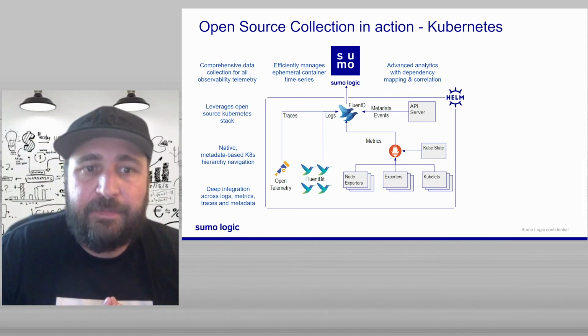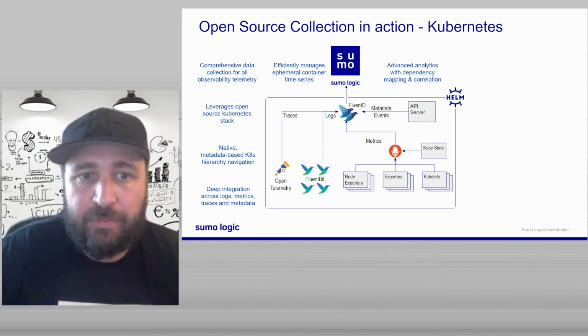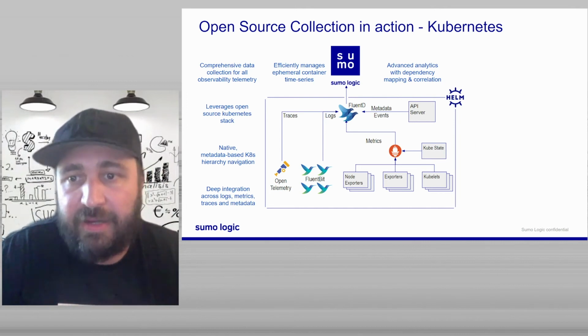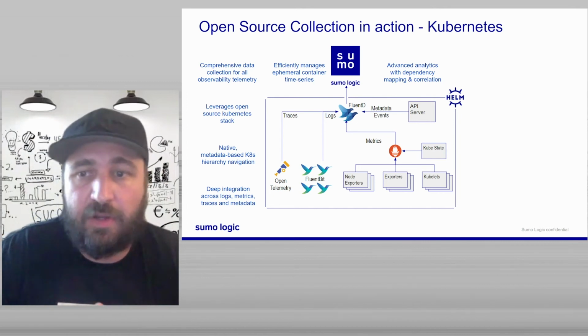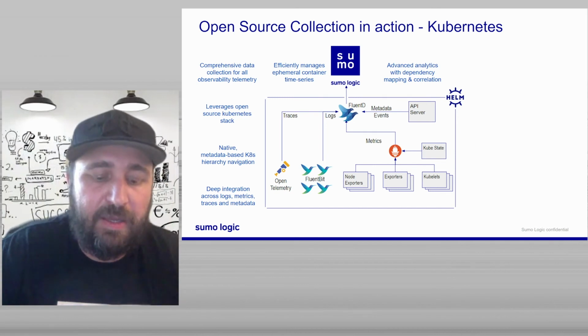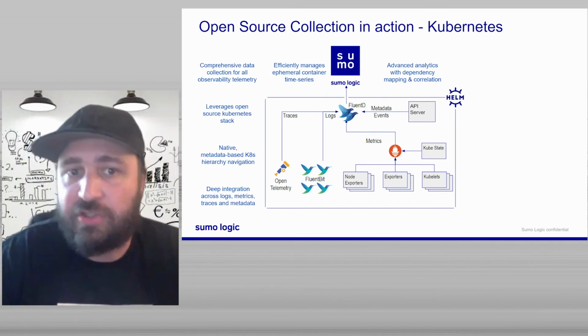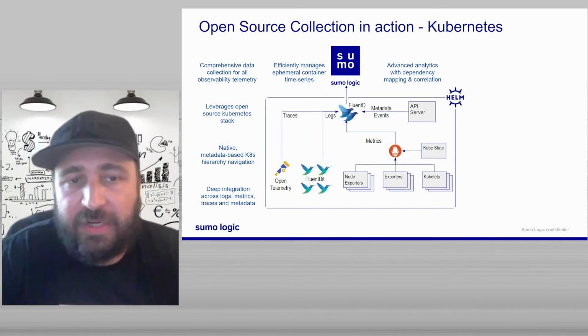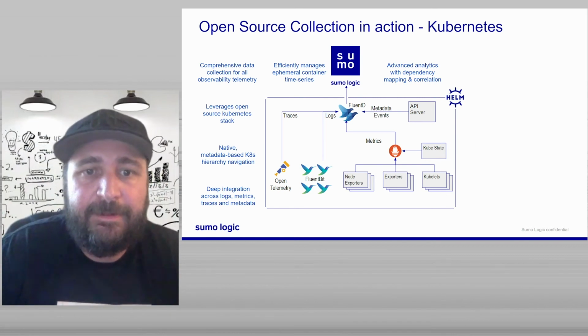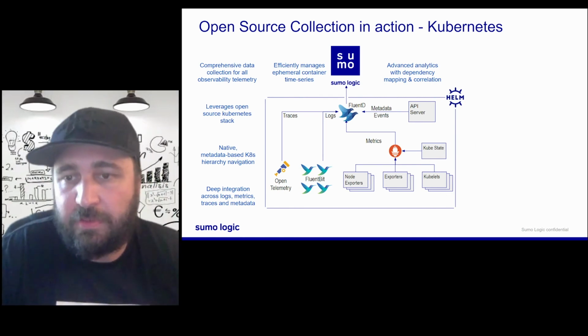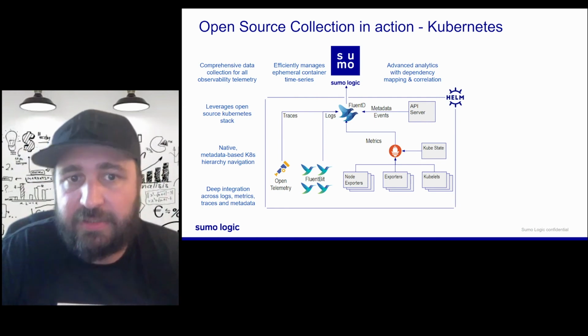And it efficiently accounts for ephemeral container time series. Our backend can handle the ephemeral nature of this. It can handle the cardinality of this. It can handle the general challenges that come with some time series analytics in the Kubernetes backend. And all of this is paired with Sumo Logic's out-of-the-box advanced analytics with dependency mapping and correlation.